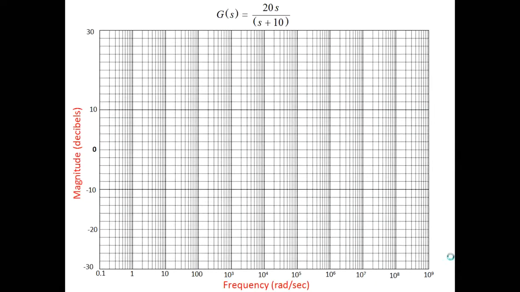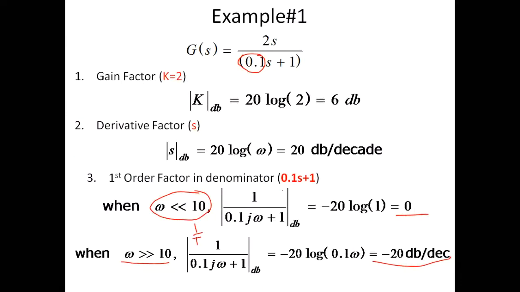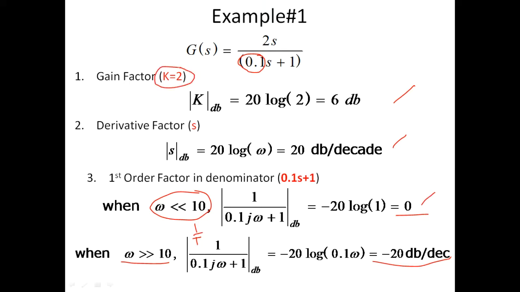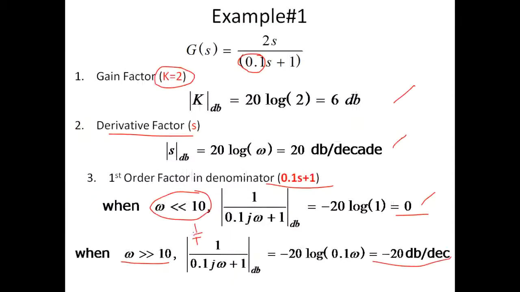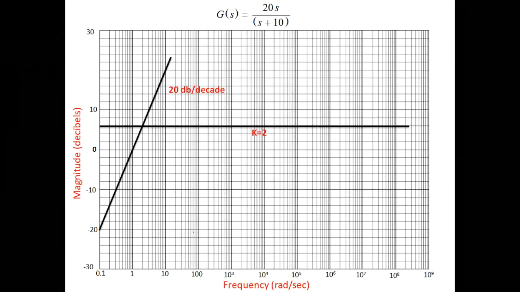Now let's see how to combine these three. You have three curves, right? So here k equals 2. For the derivative factor, when W is less than 10 or greater than 10, so here we have k equal 2. The magnitude is 6 decibel. It's constant.